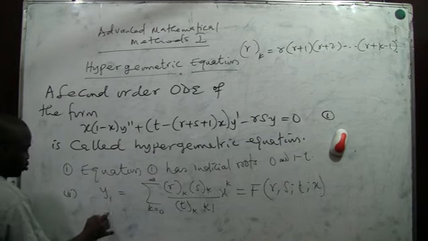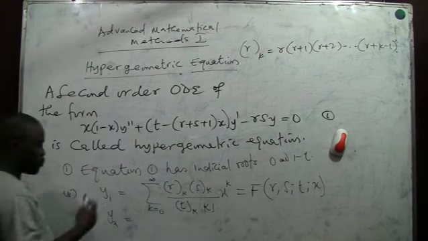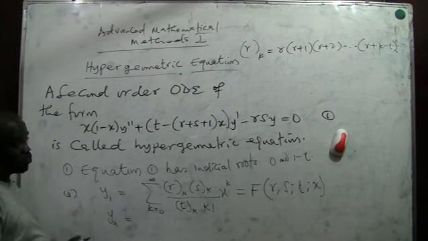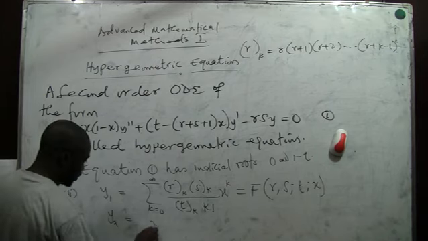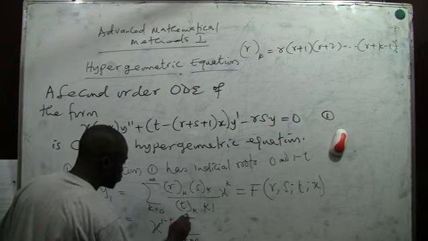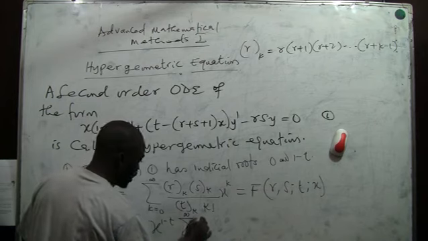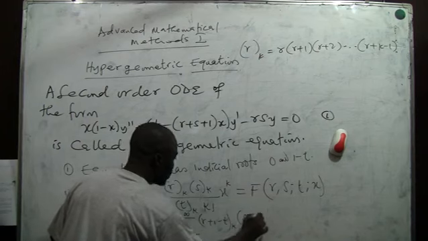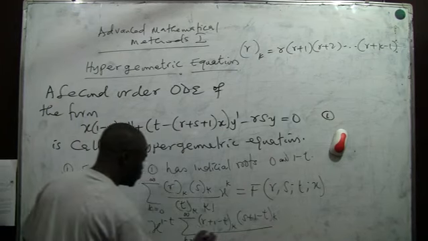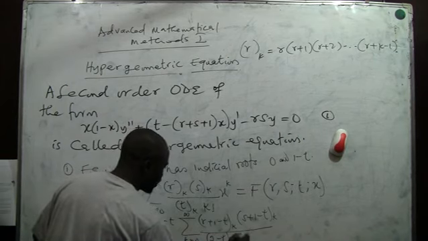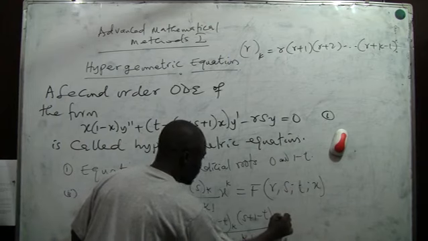The second solution is obtained by substituting 1 minus t into the recurrent solution that will be obtained after solving equation 1 using Frobenius method. And that solution is given as x raised to the power 1 minus t, summation k from 0 to infinity, (r + 1 − t)_k (s + 1 − t)_k divided by (2 − t)_k k factorial, x raised to the power k.